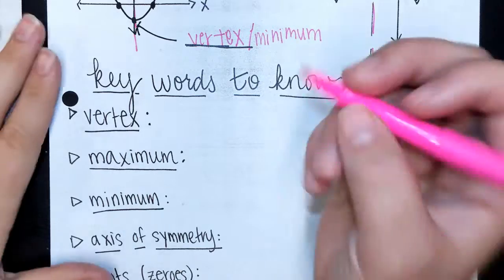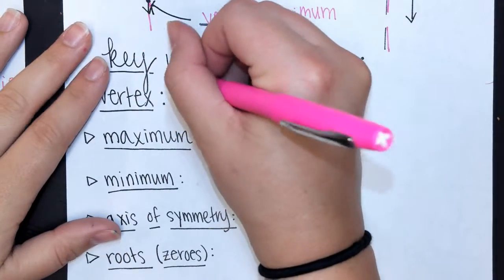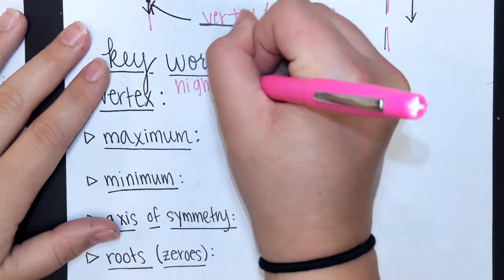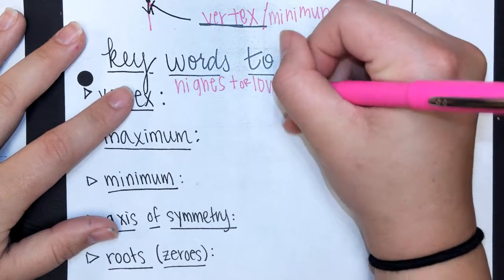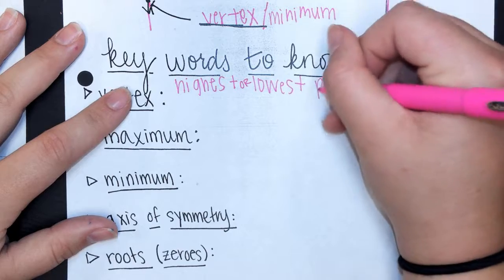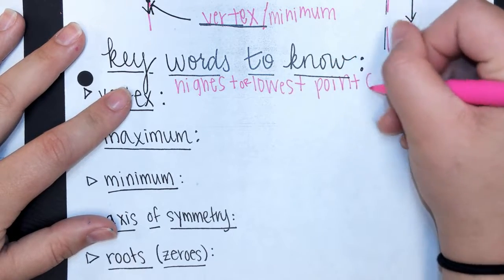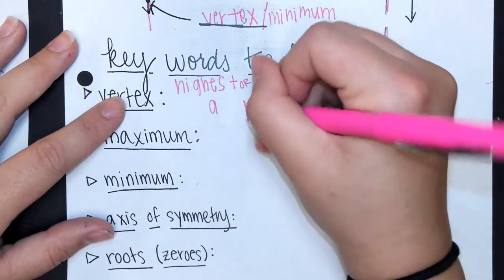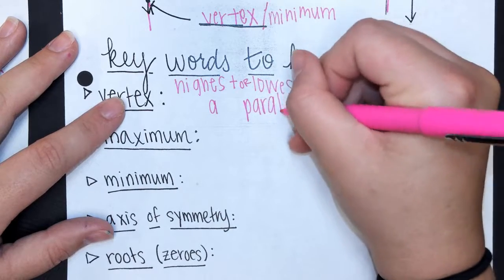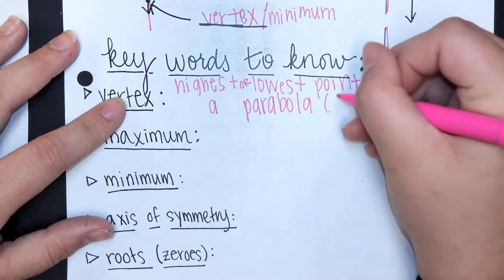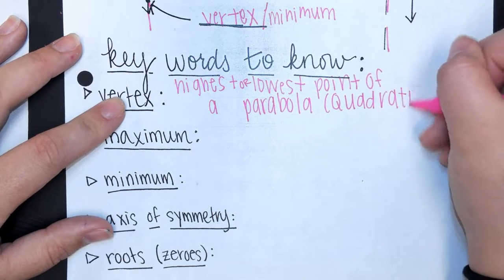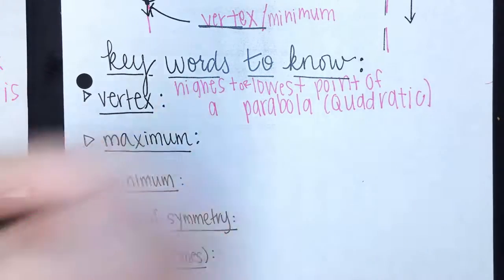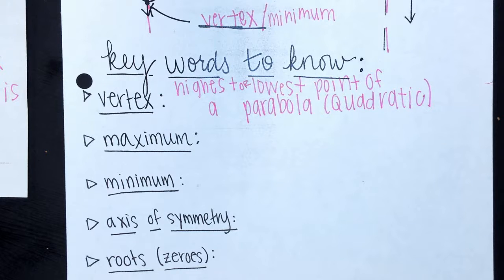All right, our vertex is the highest or lowest point of a parabola, which is also known as your quadratic. So your vertex is the highest or lowest point of a parabola.